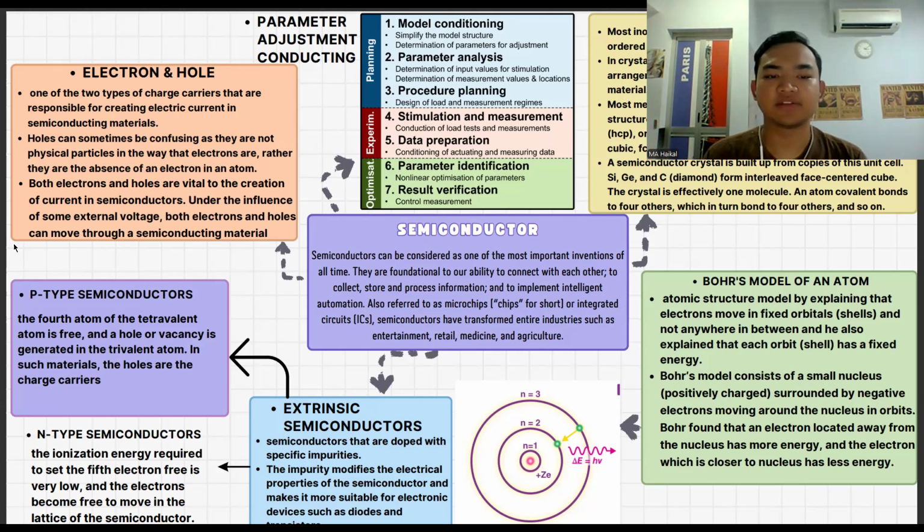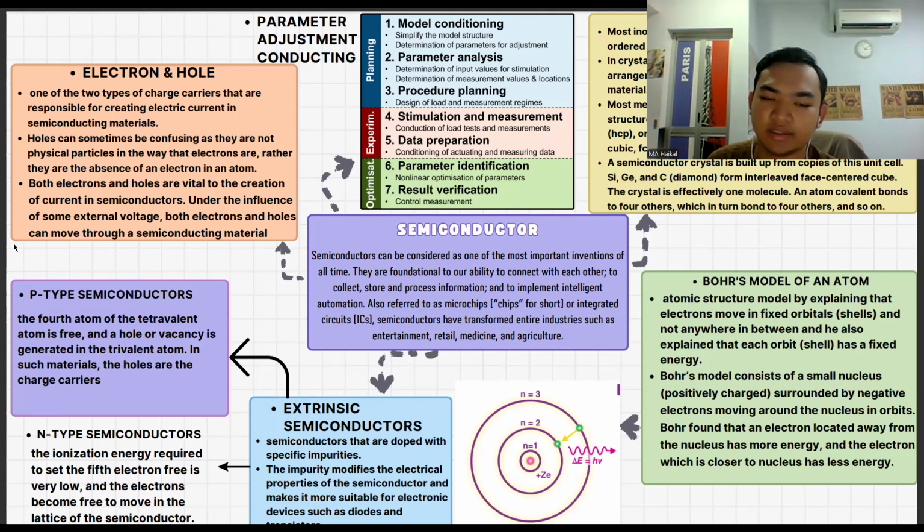regimes. In the experiment part, we go with stimulation and measurement, where we conduct a load of tests and measurements. And number five, data preparation. In the experiment, we always have data preparation, conditioning the fetching and measuring of data for the material that we used.